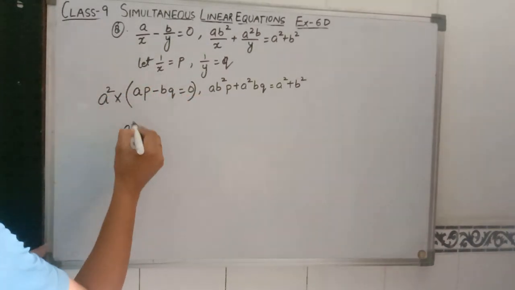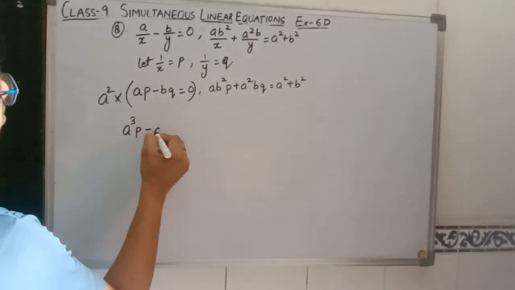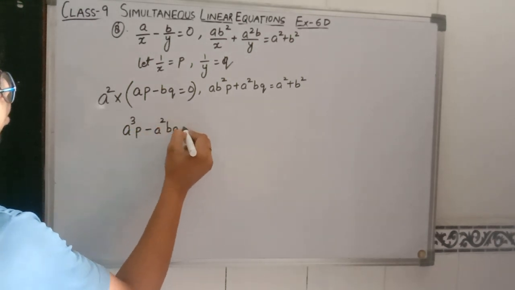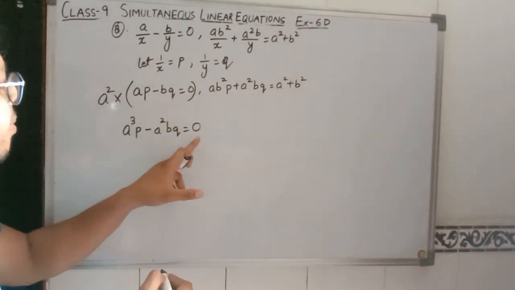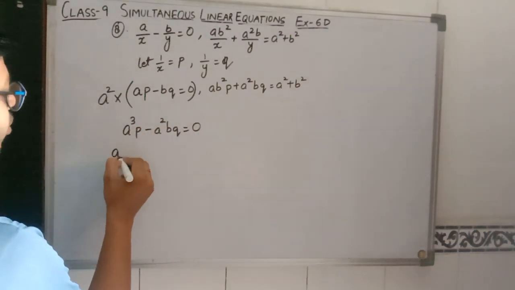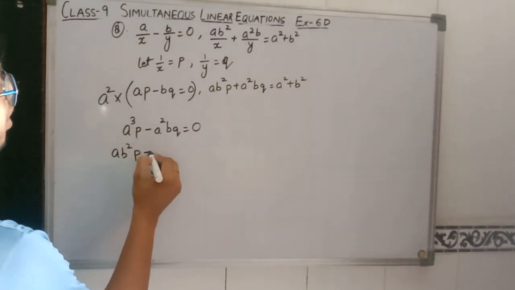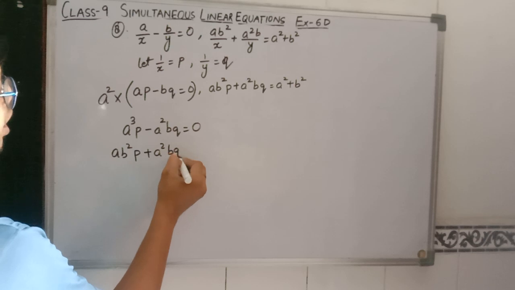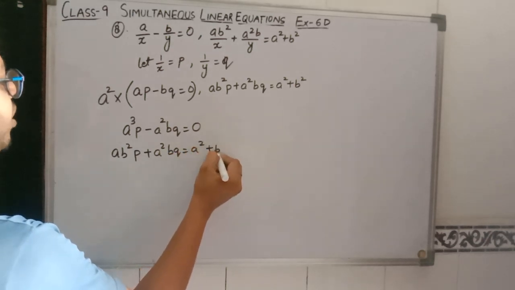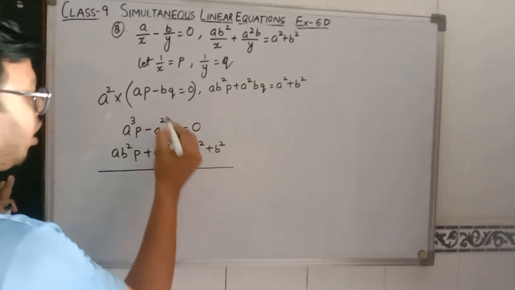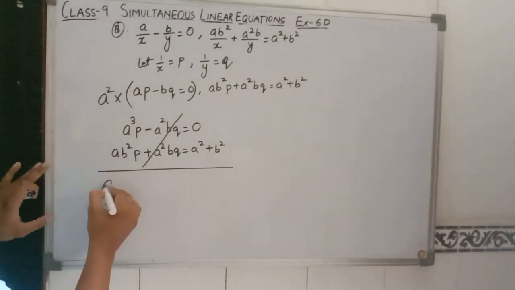So it will become a cube p minus a square bq is equal to 0, because 0 multiplied by a square is 0. Now write this equation, ab square p plus a square bq is equal to a square plus b square. Because the signs are already opposite, these terms will be cancelled.